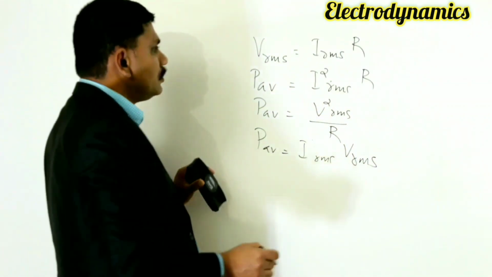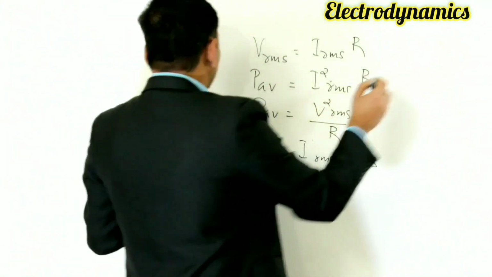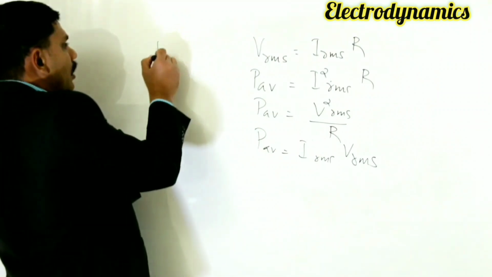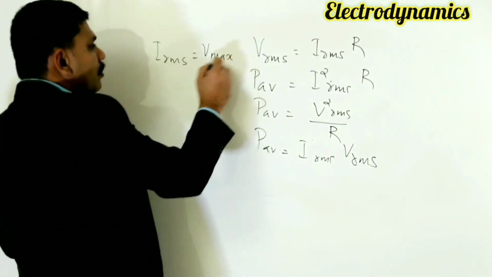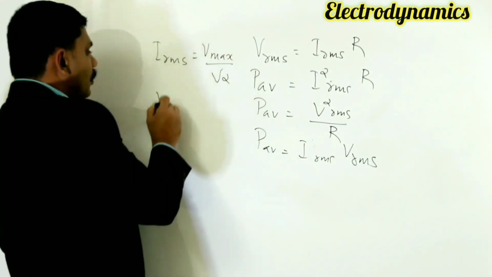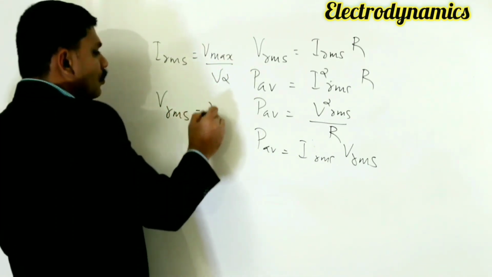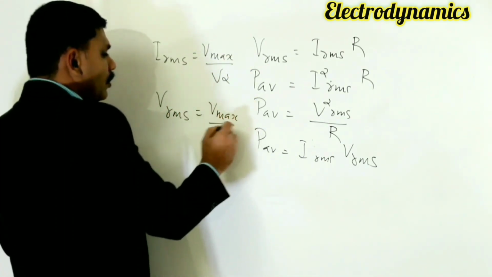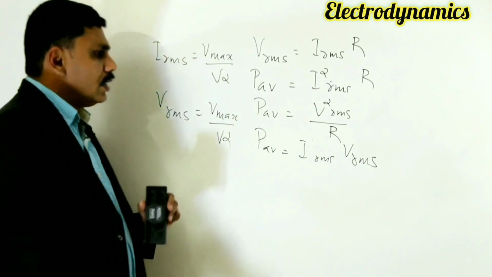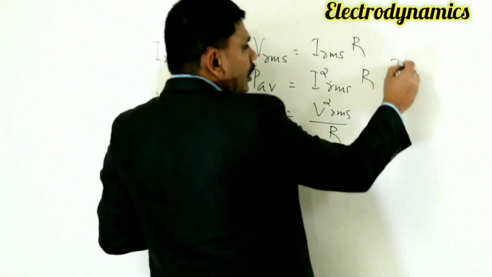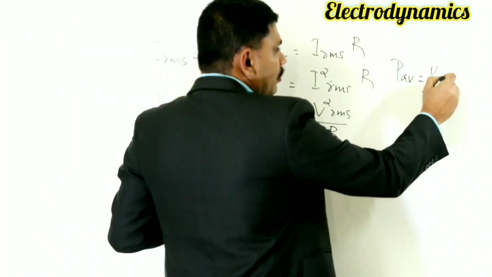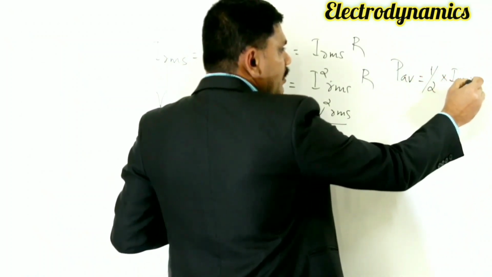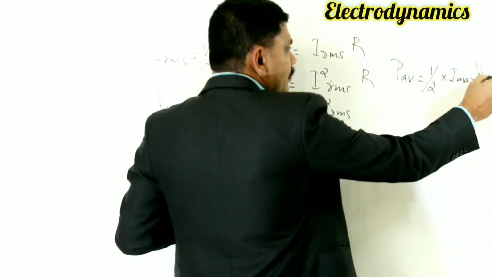Then Irms equal to Imax divided by root 2, Vrms equal to Vmax divided by root 2. Another equation you can use for P average is 1 by 2 multiplied by Imax Vmax.